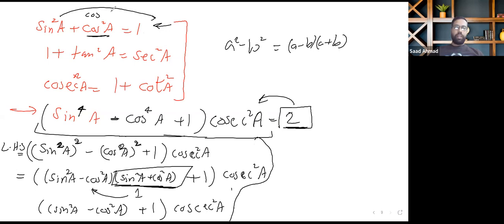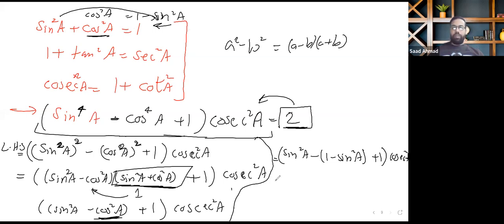So cos squared A equals 1 minus sine squared A, right? So I replace this cos squared A with 1 minus sine squared A. Minus 1 minus sine squared A, and then plus 1 and then cosecant squared A.